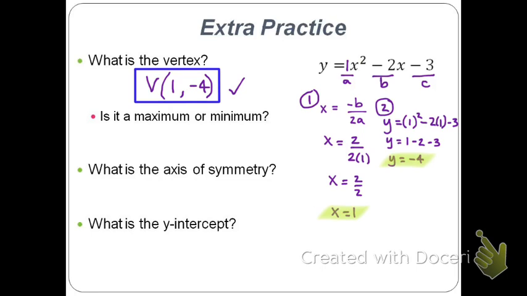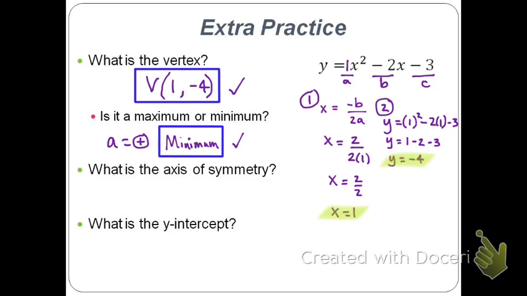We can't check the x equals 1 or the y equals -4. Where do we look to find if it's a max or a min? Remember, that's at the beginning of the problem. Since a is positive, it's going to be a minimum. So this is a minimum.